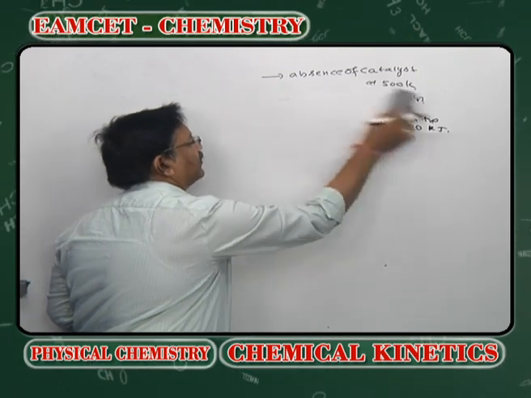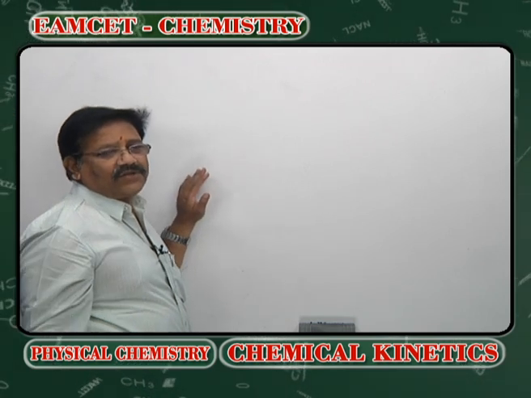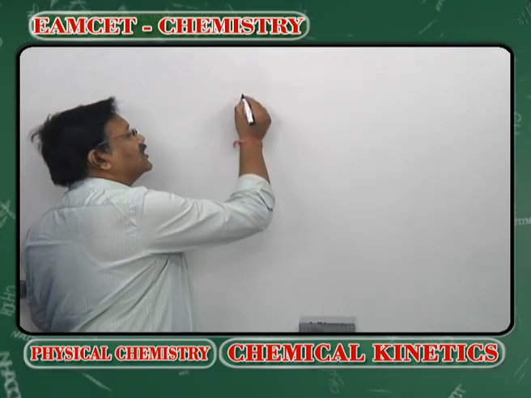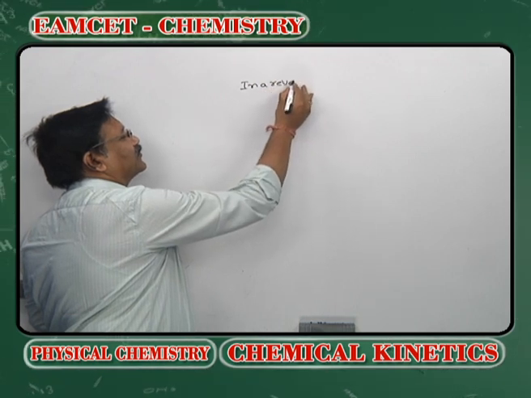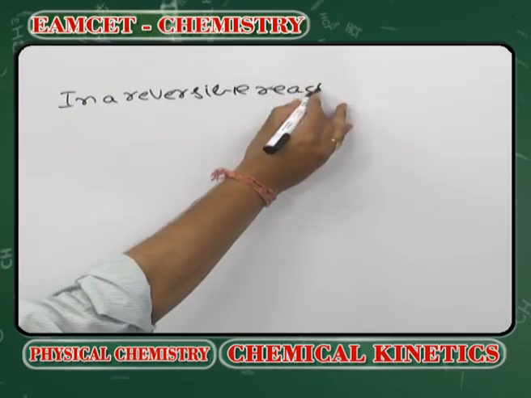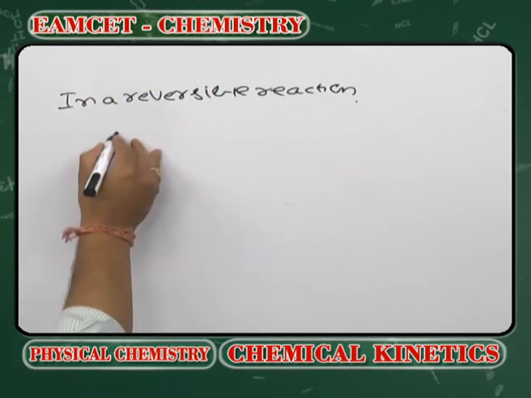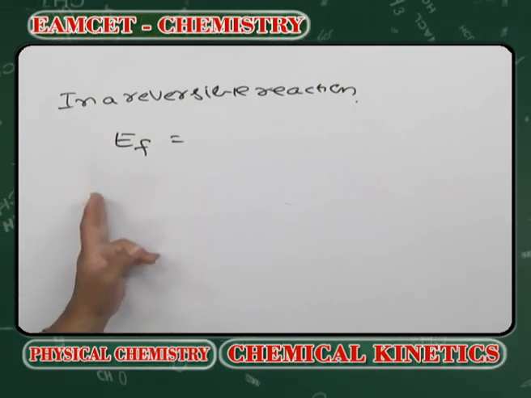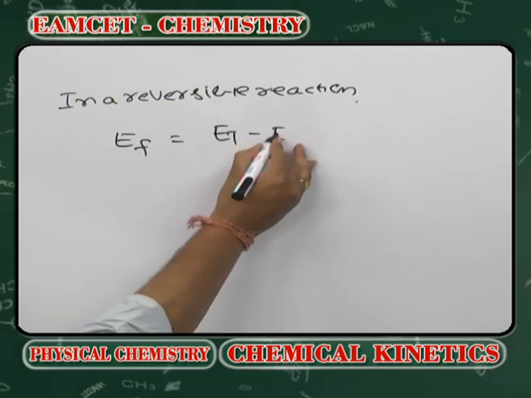Another important point regarding the collision theory is the calculation of the heat of the reaction. In a reversible reaction, the activation energy for the forward reaction EF is equal to ET minus ER. What does ET stand for?